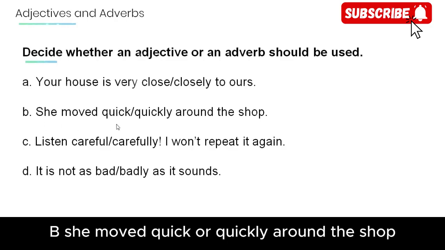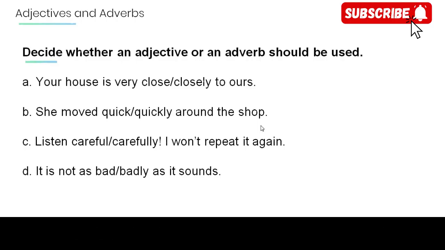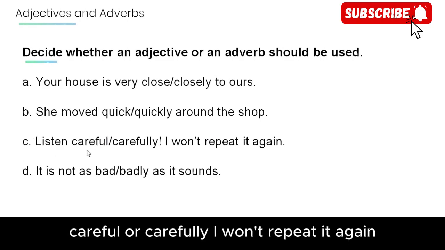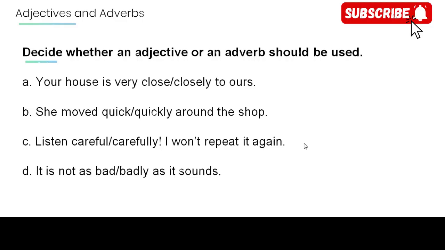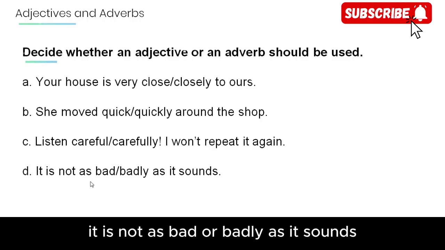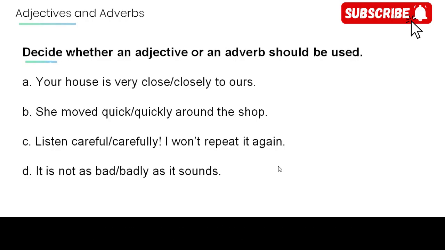B. She moved quick or quickly around the shop. C. Listen careful or carefully. I won't repeat it again. D. It is not as bad or badly as it sounds.